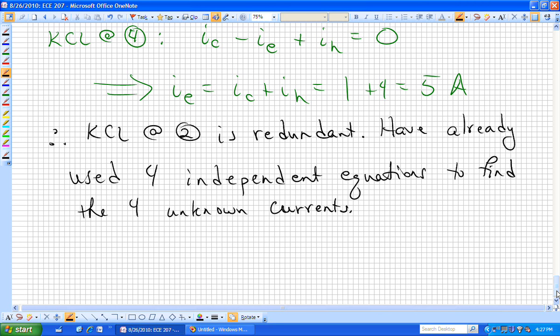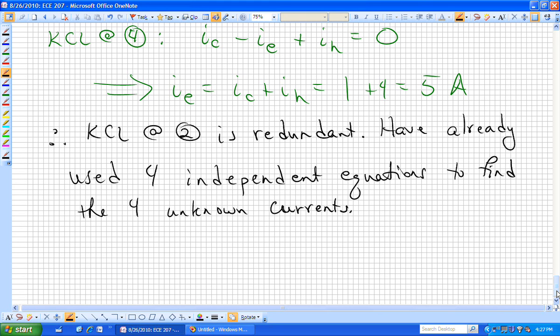It's okay as long as you don't mix them for each node that you're working on. Meaning, for node 1, I established a convention that in is positive, out is negative. So at node 1, I_A is in, that's positive. I_D is in, that's positive. And I sub F is out, that's negative.